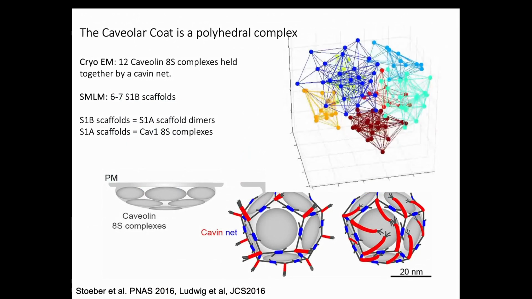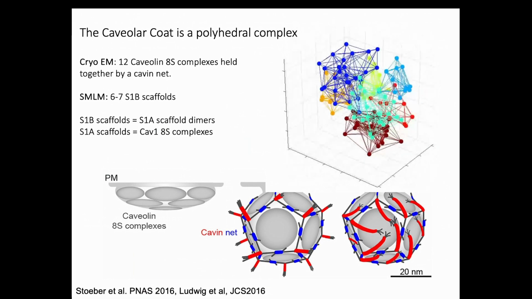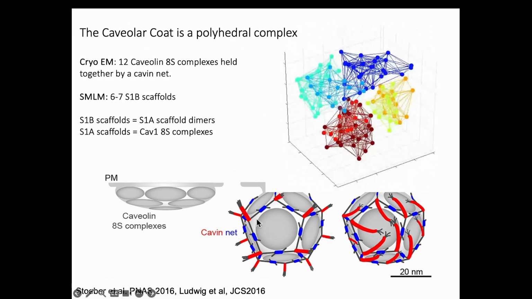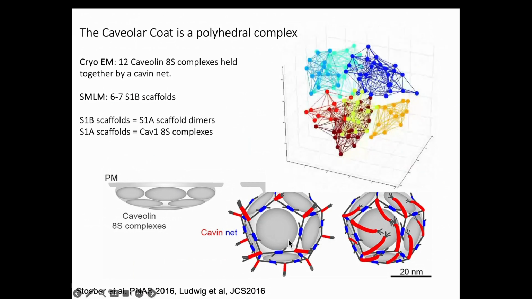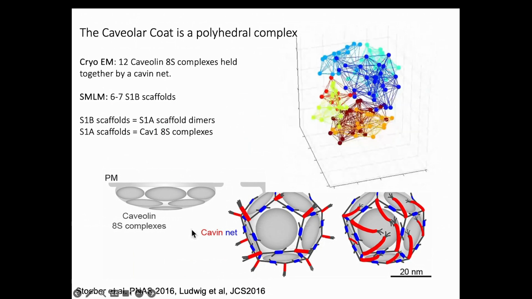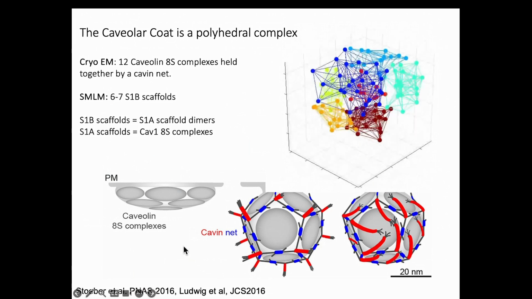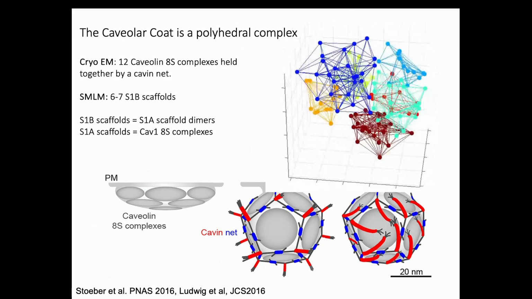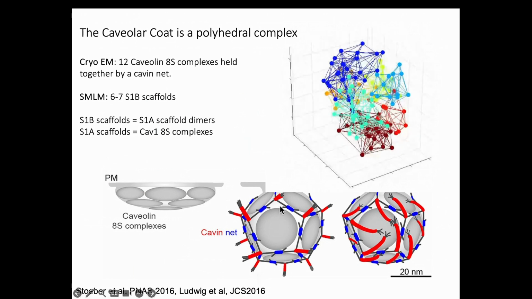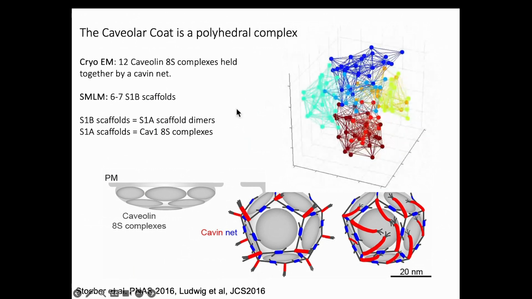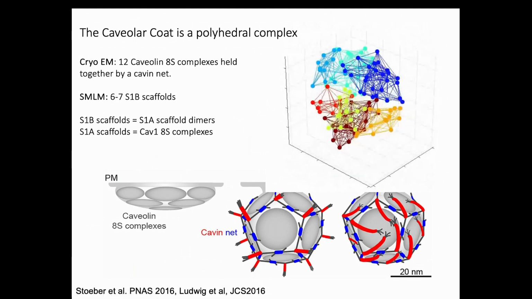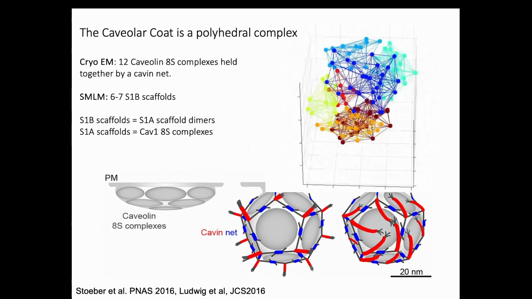And what was really nice is that when we took a look at our caveolae and compared them to what was known from cryo-EM about caveolae, there was quite a bit of similarity. By cryo-EM, caveolae are thought to be a dodecahedral complex composed of 12 caveolin 8S complexes, these 12 8S disks, and they're held together by a cavin net. What we found when we analyzed the modular structure of caveolae was that they were formed of 6 to 7 S1B scaffolds.